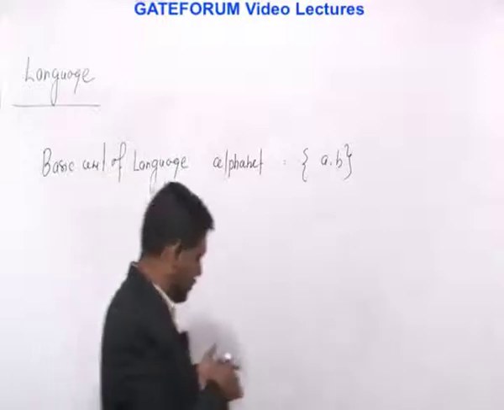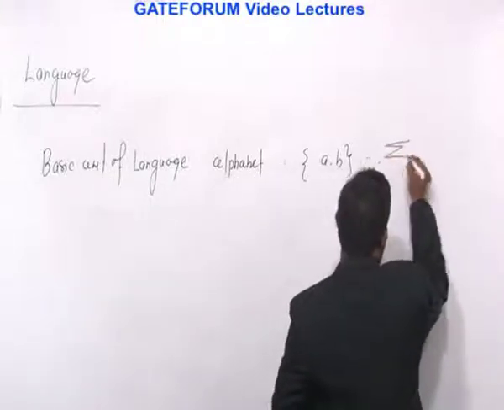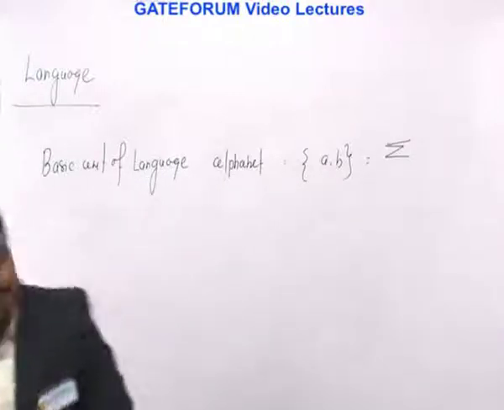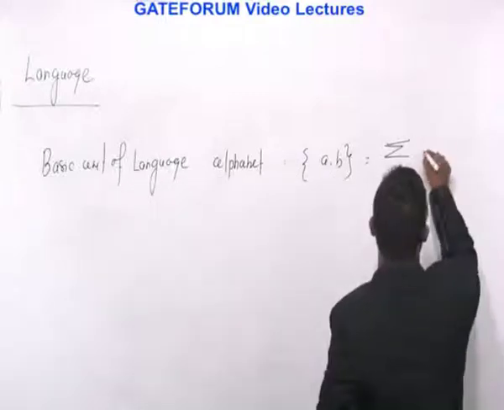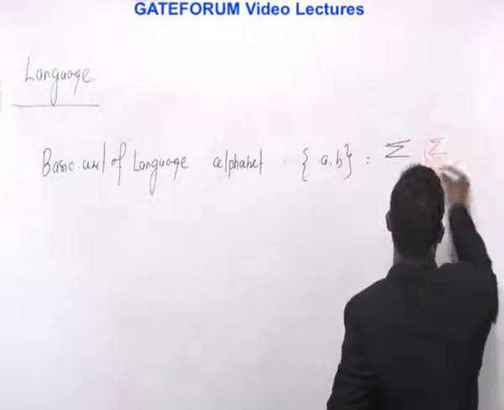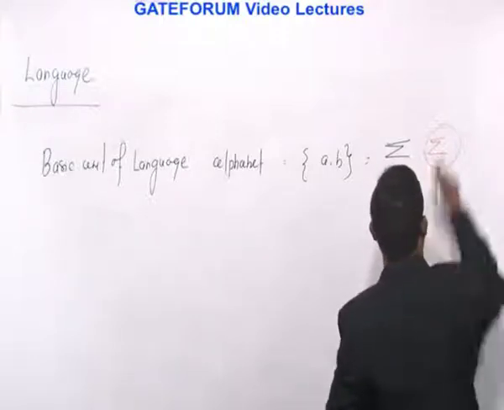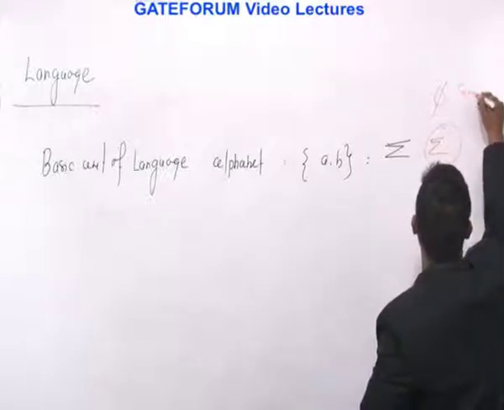Now comes the notation. Throughout this course, we will be using sigma as the notation for our alphabet. So whenever there is a sigma, you understand that sigma is nothing but the alphabet. The first notation that I used was phi, and that was the empty set.